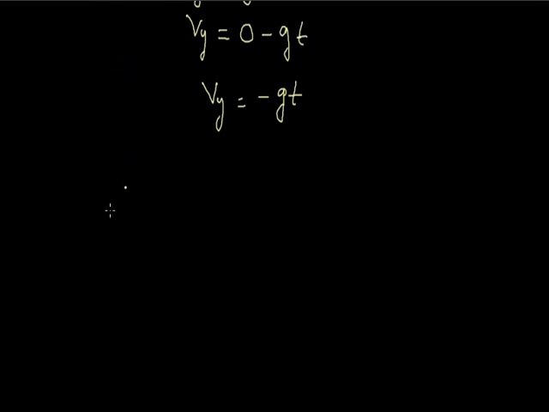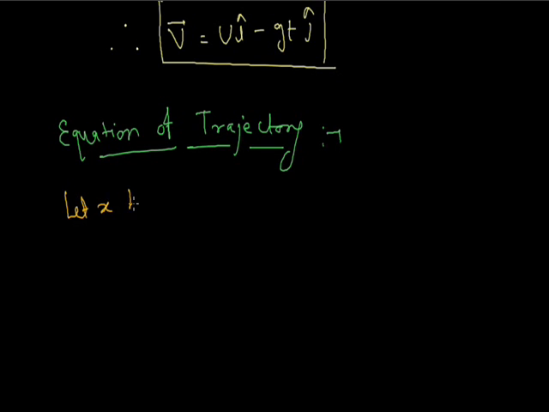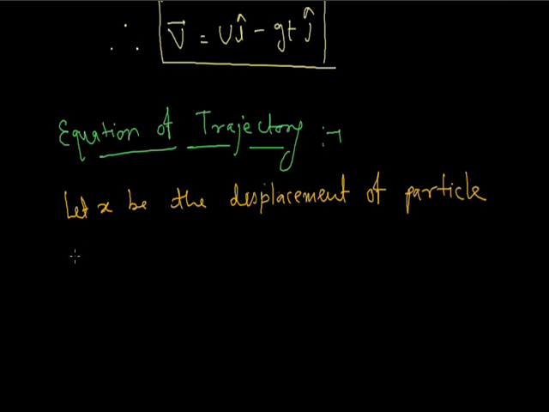Writing in vector form, the V vector will be u i-cap minus g t j-cap. If you want to find the equation of trajectory, let x be the displacement of the particle along the x-axis at any time t.